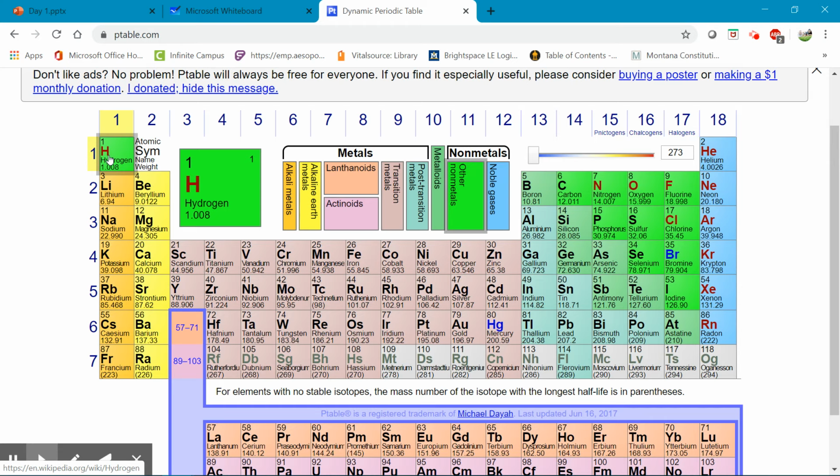In the past, we've learned that this actually represents 1.008 AMUs, the atomic mass units of 1 atom of hydrogen. Now, if you were to take that 1 atom of hydrogen and multiply it by the 6.02 times 10 to the 23rd, which is the number of a mole, you have 6.02 times 10 to the 23rd atoms of hydrogen, and that full mole of hydrogen would also weigh 1.008 grams.